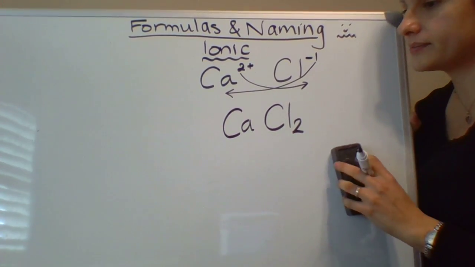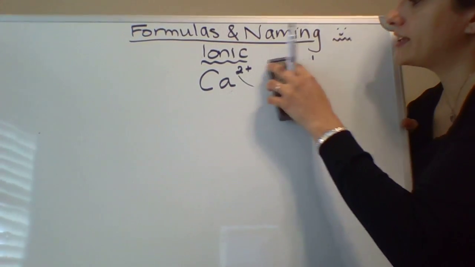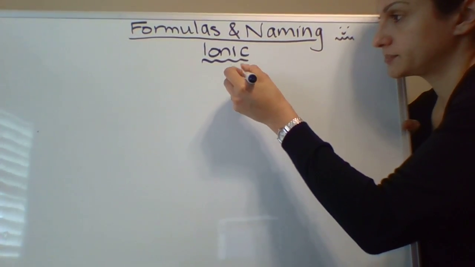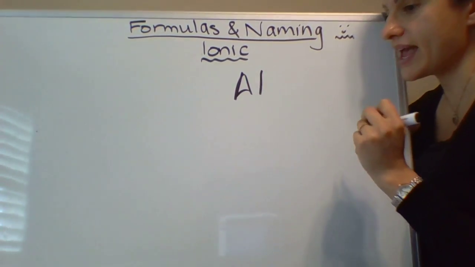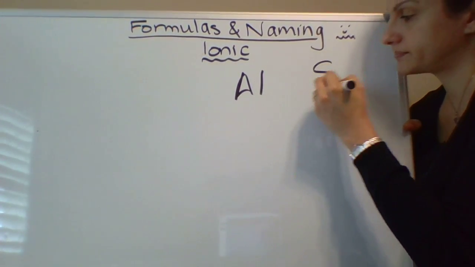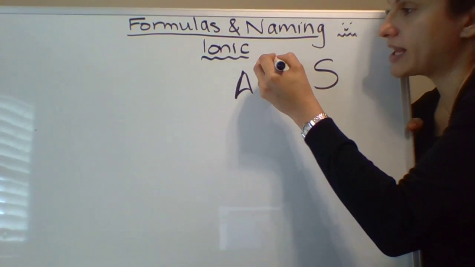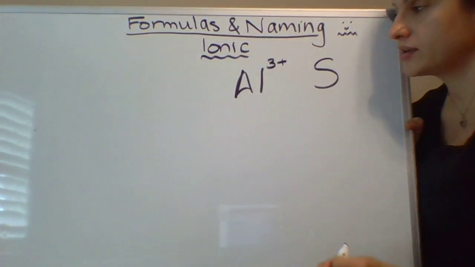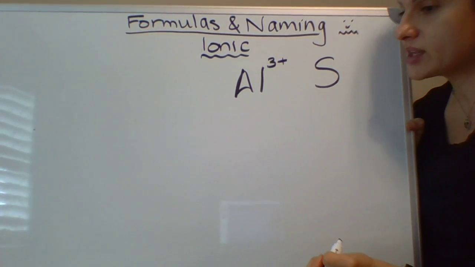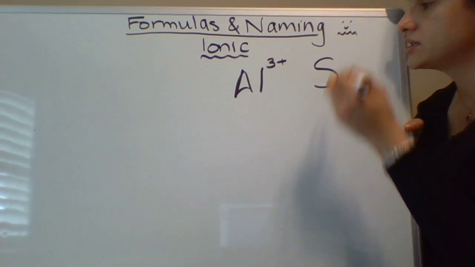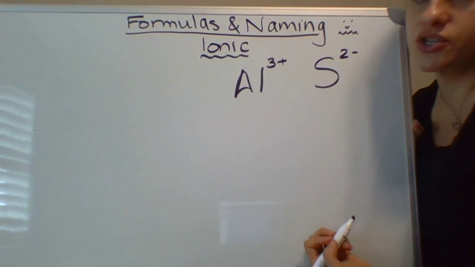Let's take another one. How about I give you aluminum and sulfur. Aluminum is in group 3, so it has a 3+ charge. Sulfur is in group 6, so it has a 2- charge.